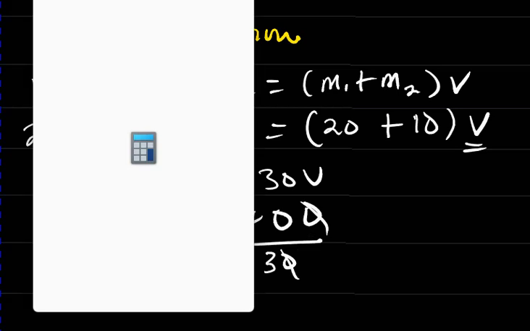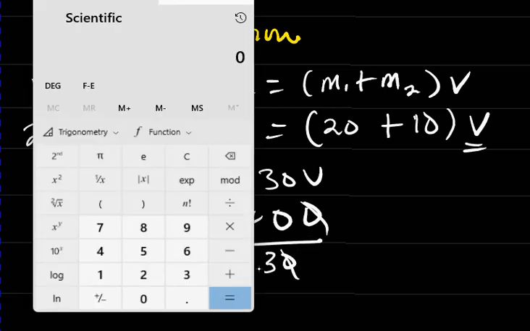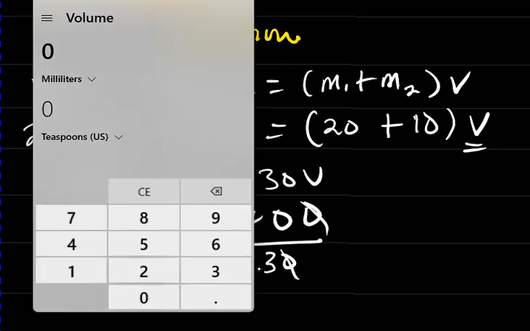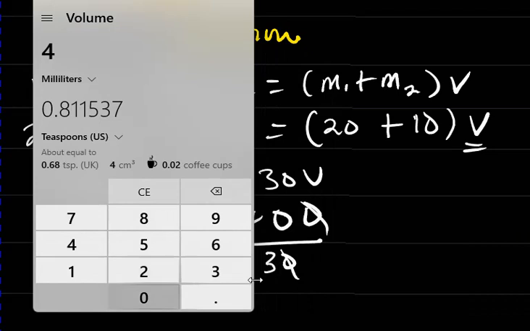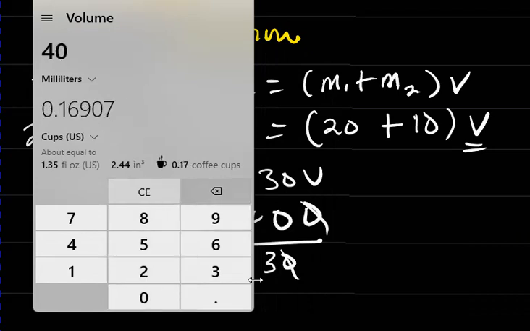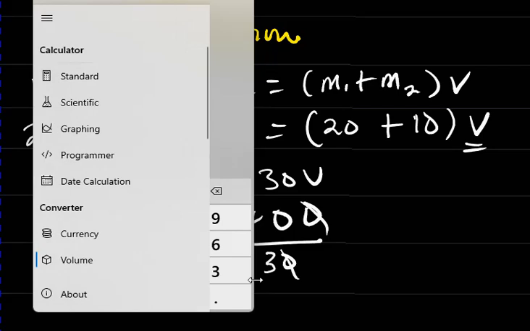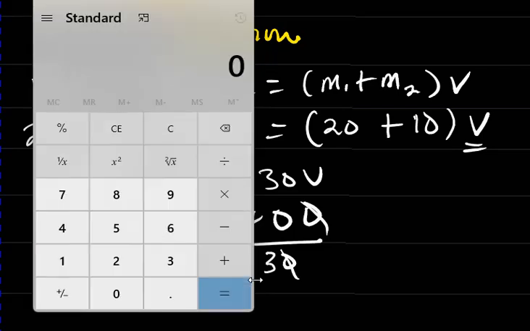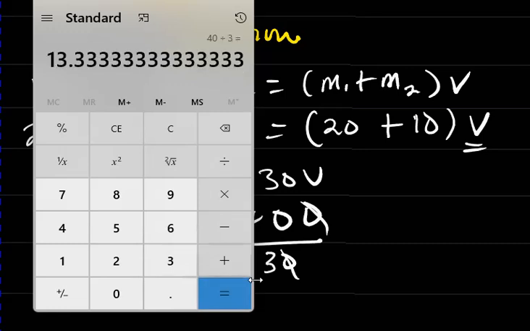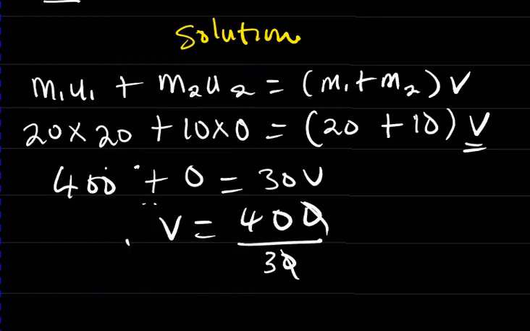Let's see what that gives us. 40 divided by 3 is 13.33. So the velocity we're looking for is 13.3 meters per second.